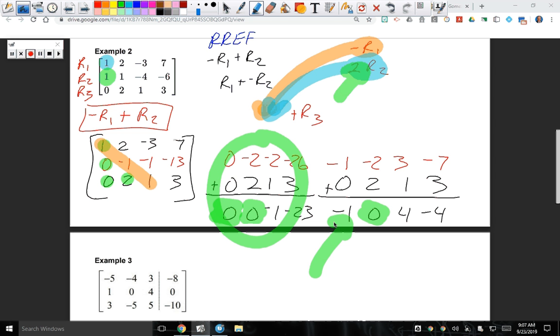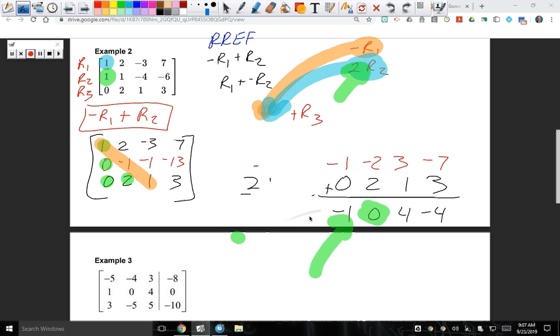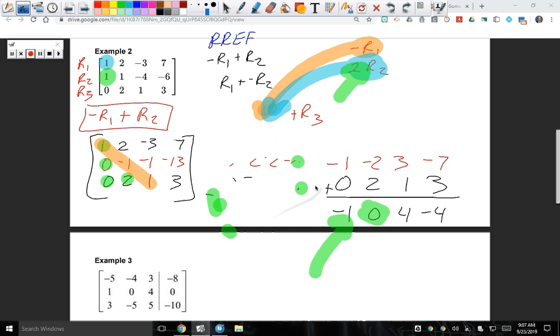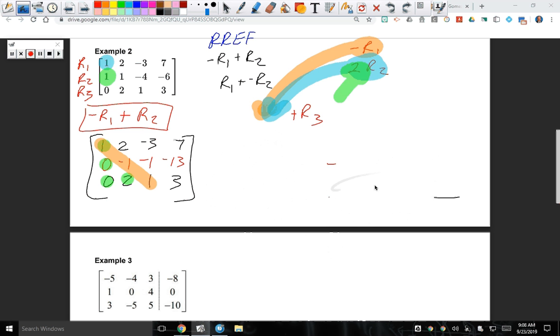Okay? All right. So, let's get to it. We're going to do 2R2, negative 1, negative 23, just so that I don't have to do that again. Negative 1, negative 23.